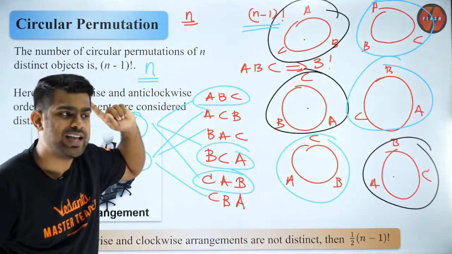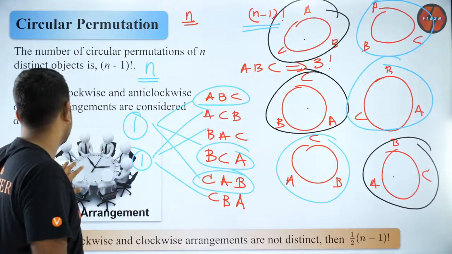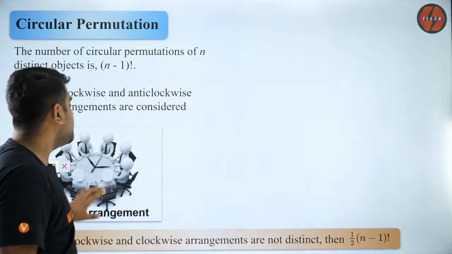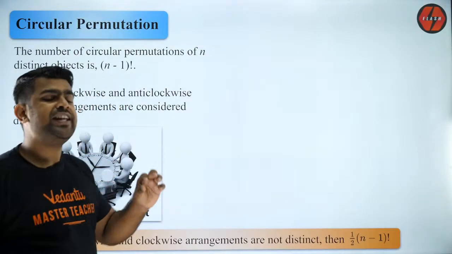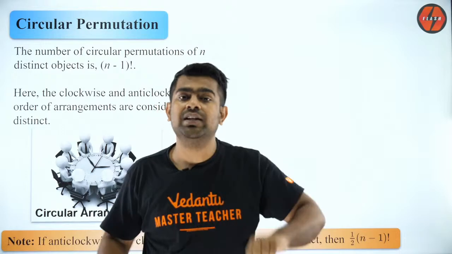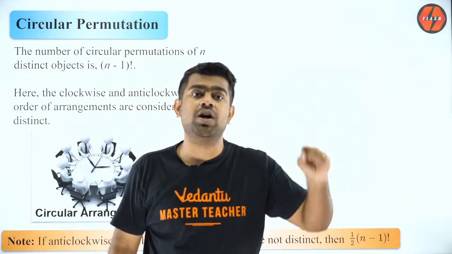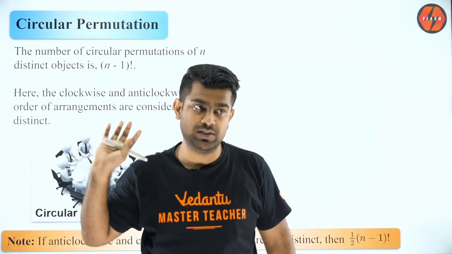I hope you guys got that. So that is why it becomes n minus 1 factorial. Clear? So what do you have to remember? When they ask you the number of circular permutations of 5 objects, it is 4 factorial. If they ask you the number of circular permutations of 10 objects, it is 9 factorial.